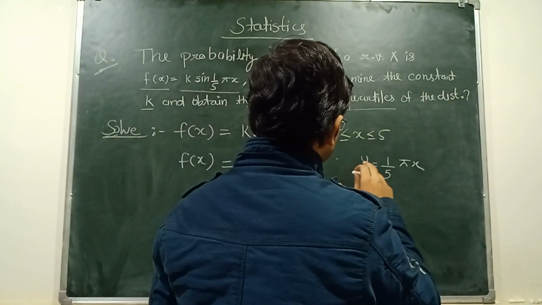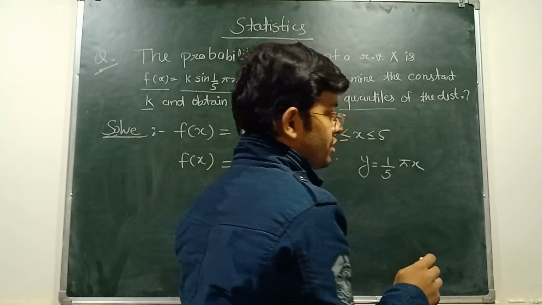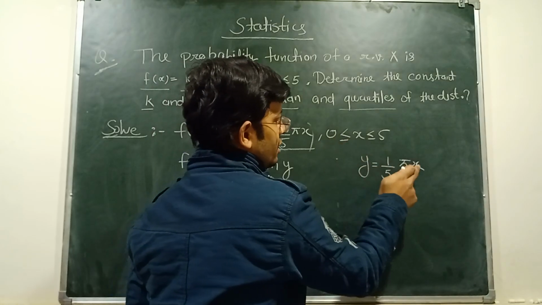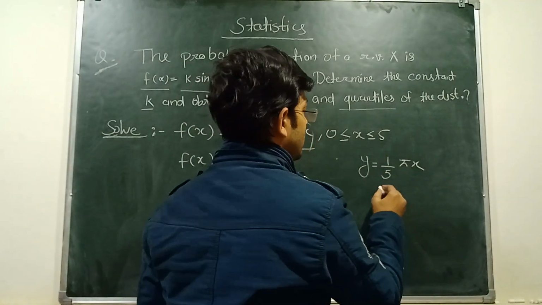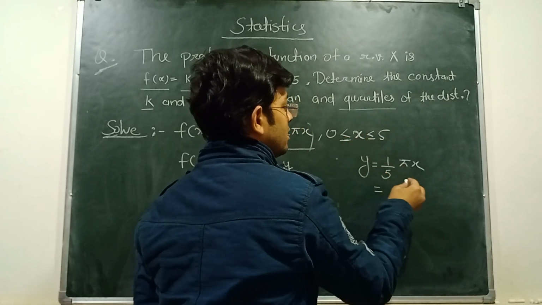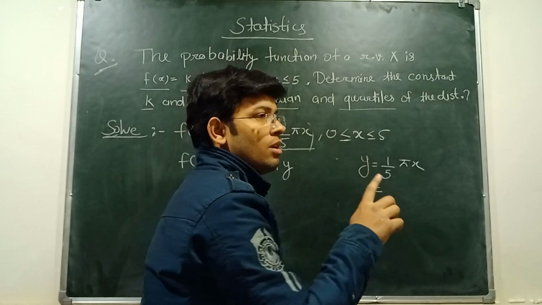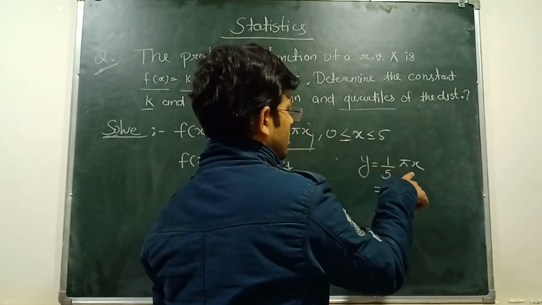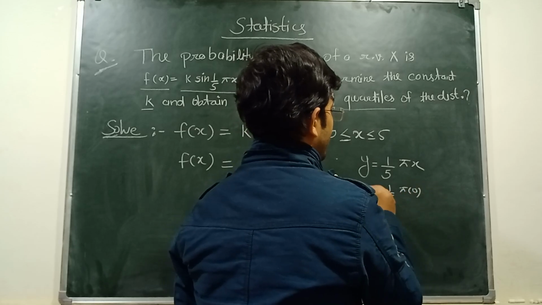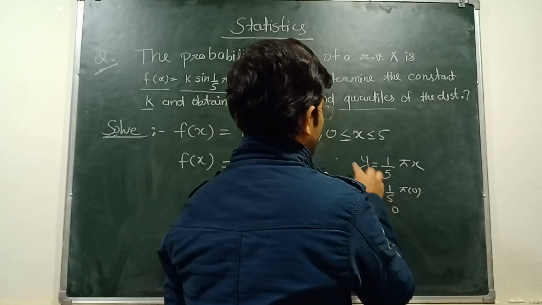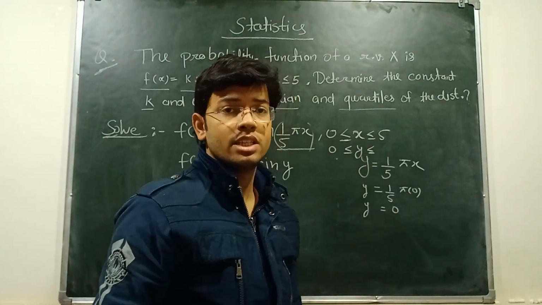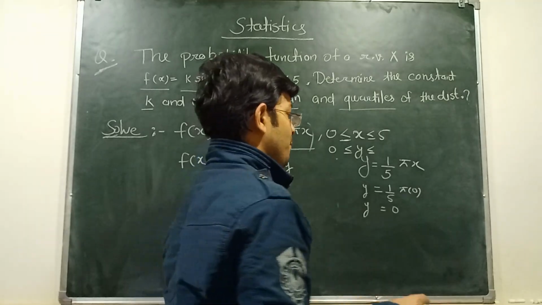So now the limits also change. If we put 0 in the place of x, because these are the limits of x, we first of all put the value of x as 0, so we find the value 0. So this is the limit of y because the function is converted to y.